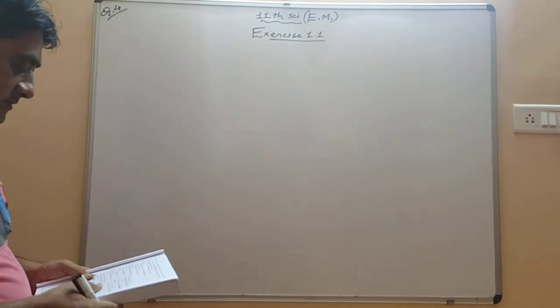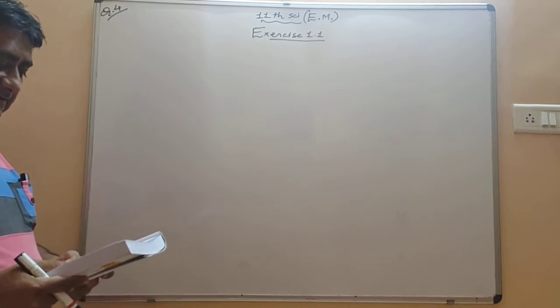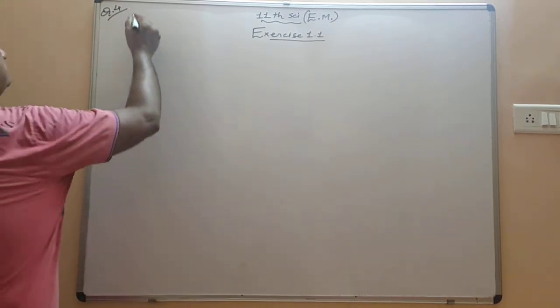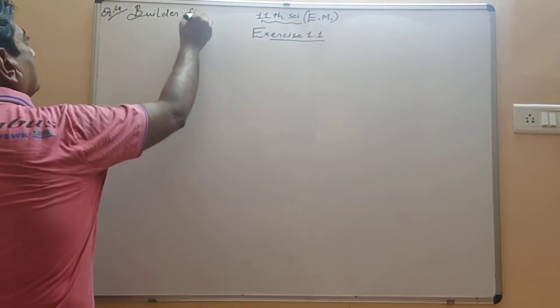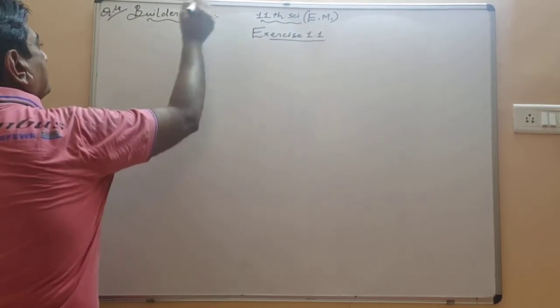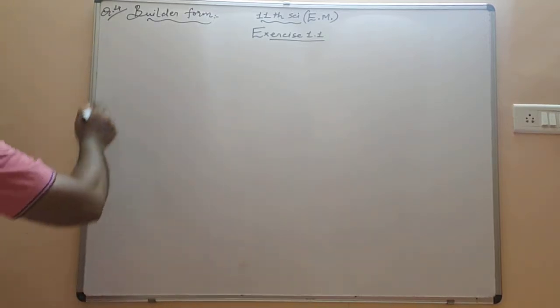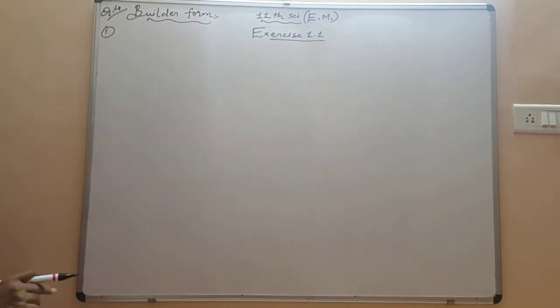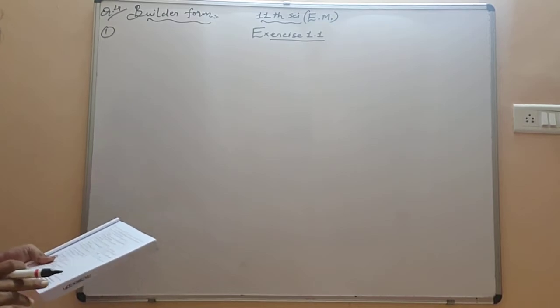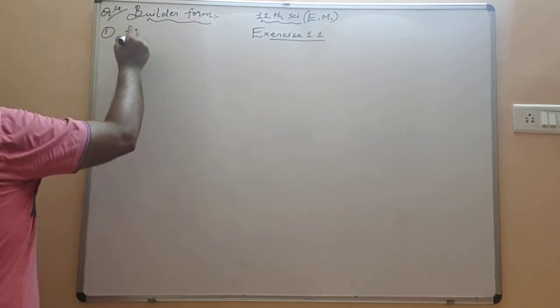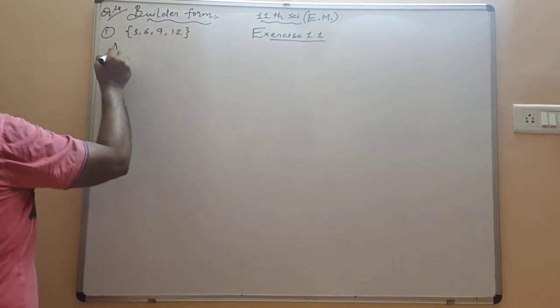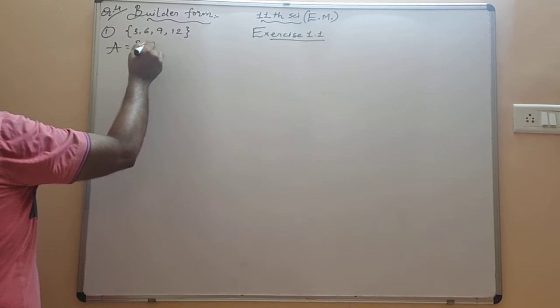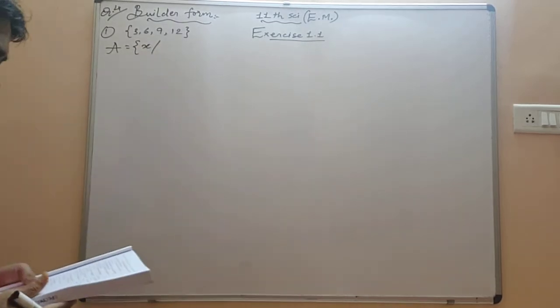Now question number 4, write the following sets in builder form. Now question number 1: 3, 6, 9, 12. So set A is equal to x such that, now we require builder form.